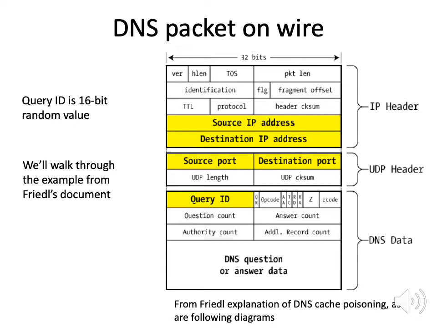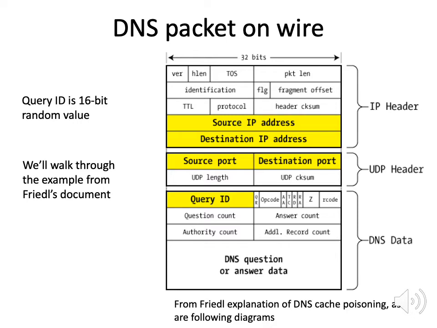It uses the UDP protocol, so it has a UDP header, which has a source port and destination port. This indicates where to send messages to and where to receive responses. It has a length field to say how long it is, and a checksum to make sure it isn't corrupted. And then finally, there's the DNS protocol level itself. This has a query ID, which makes this unique, and a bunch of other fields where you can supply questions and get answers, and then a data field.